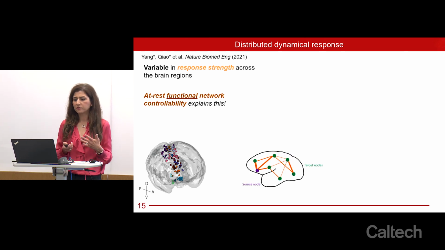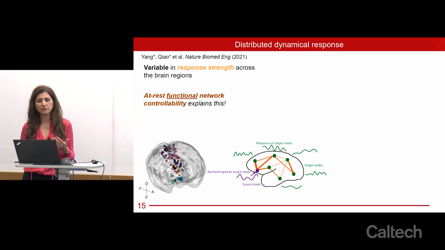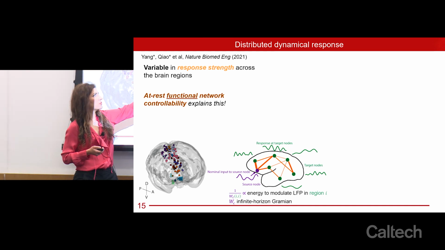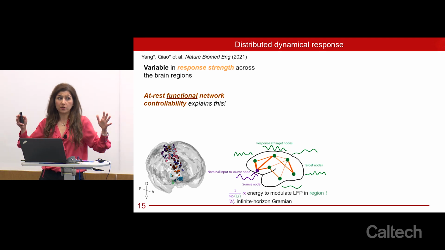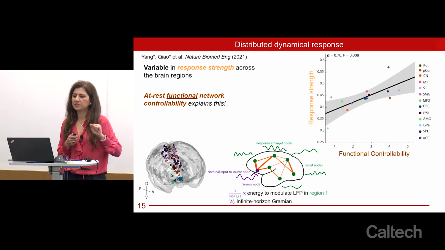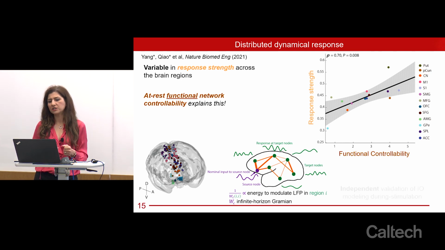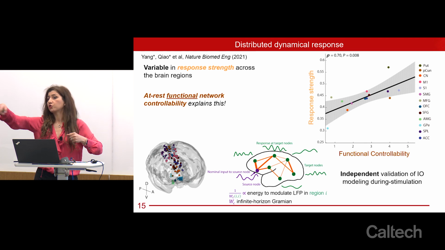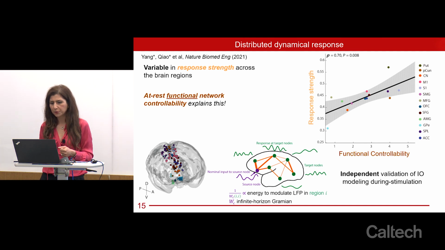So to test this hypothesis, we computed a network controllability measure that essentially tells you how much energy you need at a source node to modulate the LFP activity at each of the target nodes. And this was done on data before any stimulation. And what we found was that indeed this explained the variability during stimulation, meaning that the more strongly functionally connected you were prior to stimulation to the stimulation site, the more strongly you responded. So this was a nice validation of this input-output modeling framework.